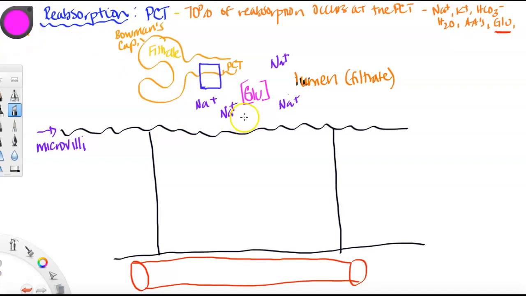So for glucose, and this is for the other solutes too, we have a transporter. And we know this transporter, it's called SGLT, or the sodium glucose transporter.